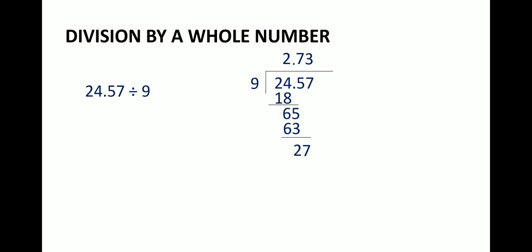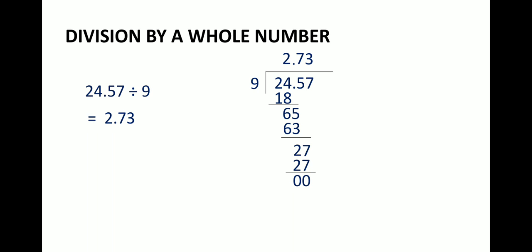So 9 times 3 equals 27, and when you subtract 27 minus 27 you will get remainder 0. So your quotient is 2.73. So we can say over here 24.57 divided by 9 is equal to 2.73.